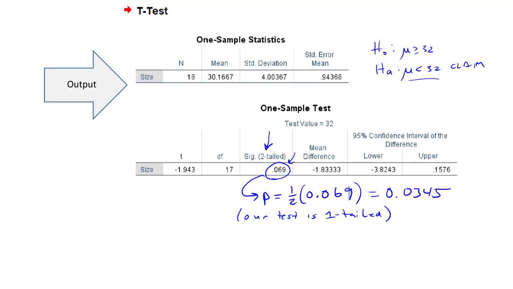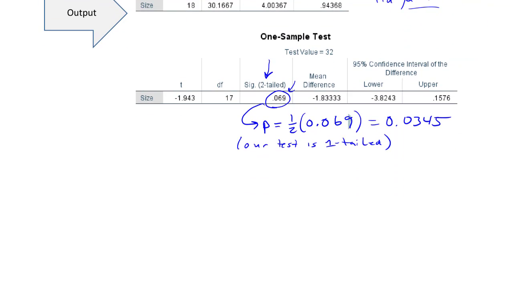Now that we have that, that's all we needed to make our decision. We have 0.0345 as our p-value. If you remember, at the beginning we were given an alpha of 0.05.